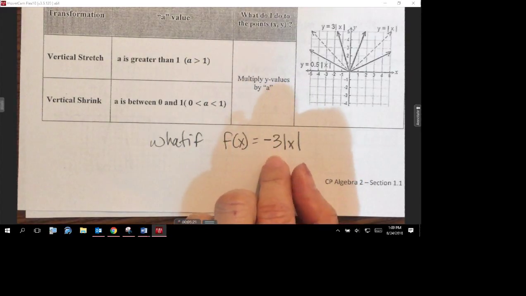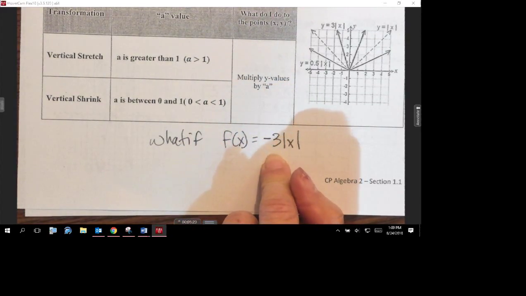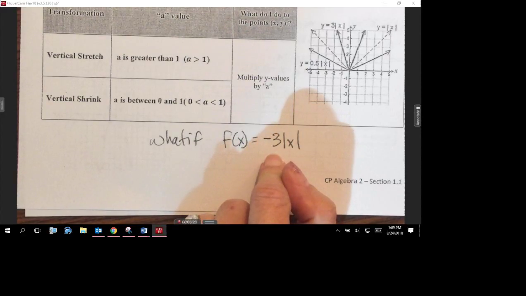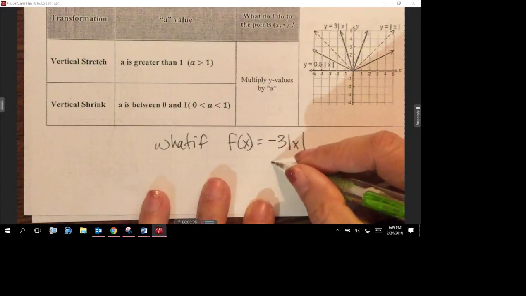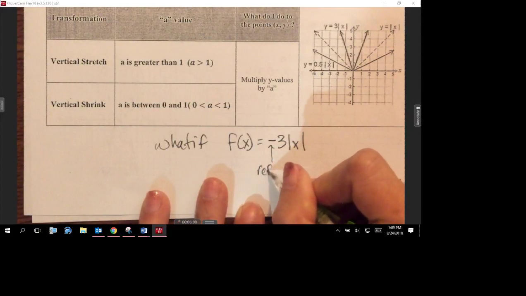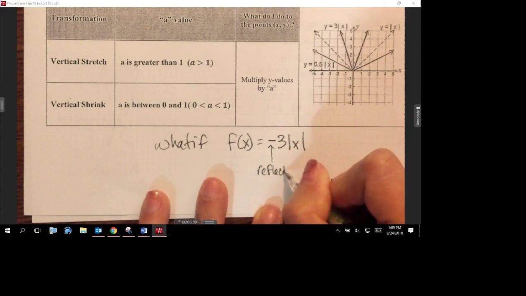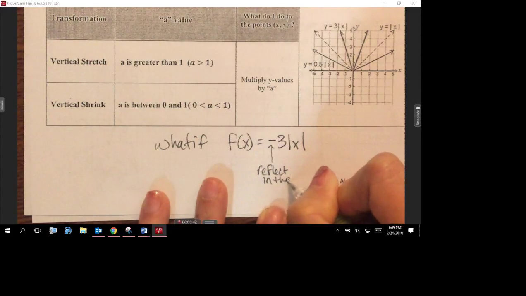So what if I have something like -3? You see how that does not fit greater than 1 and it does not fit between 0 and 1. It's because there are two transformations here. The negative means reflect in the x-axis.